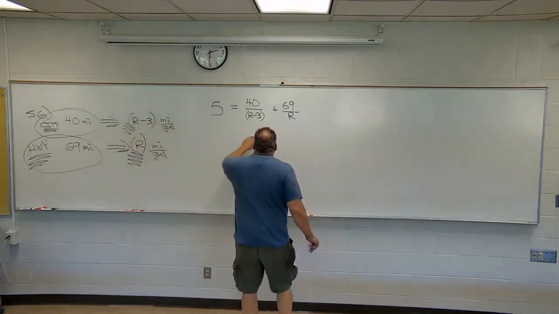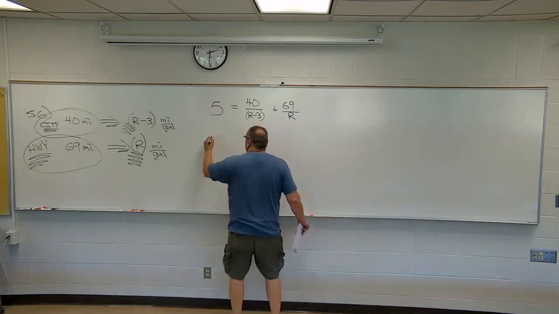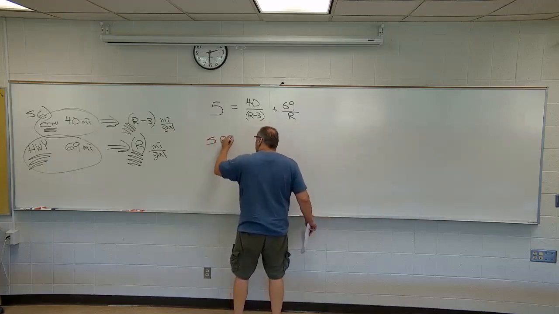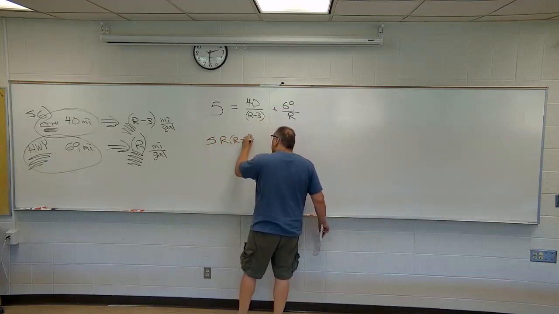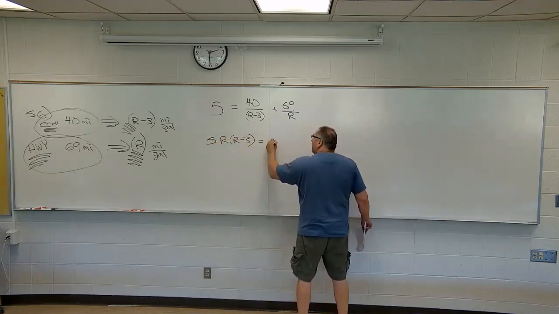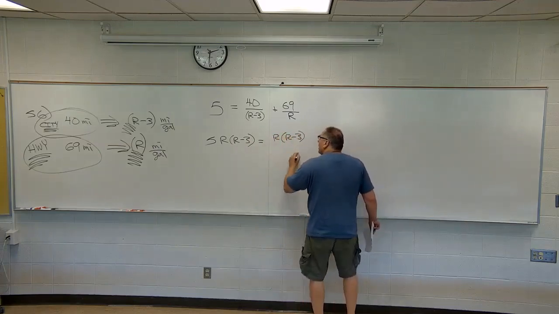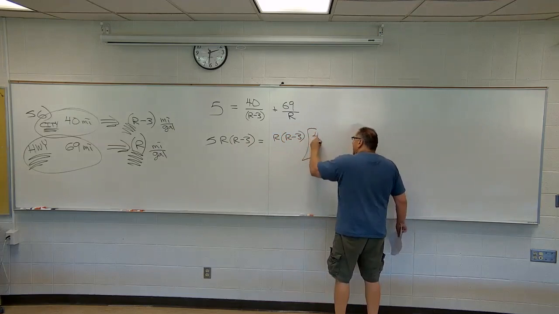Why don't you multiply by the product of the quantity R minus 3 times R on each side? On each side, be careful.